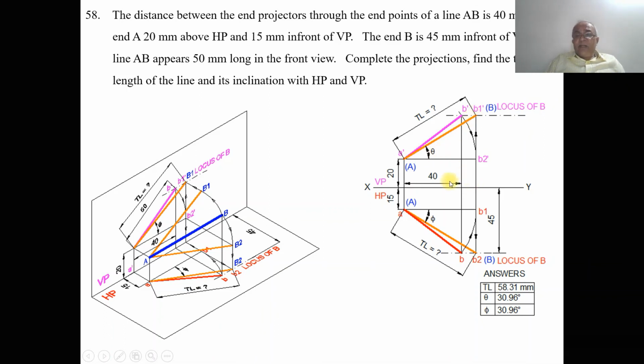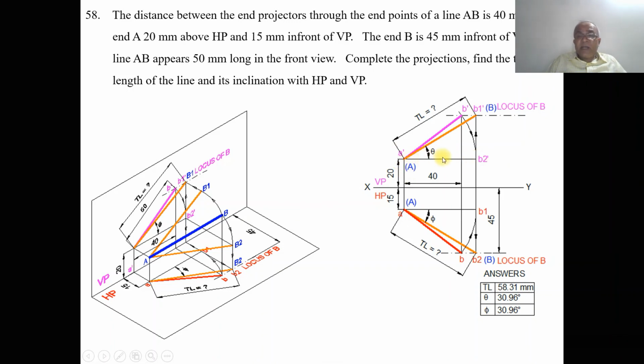Similarly, you want to find the true length in the horizontal plane. You take the front view line with A dash as center, taking the radius of A dash B dash using the compass. You draw an arc such that both A dash and B2 dash are above HP by 20 mm. Now the line is parallel to the horizontal plane; in other words, the line is parallel to the XY line in the front view.